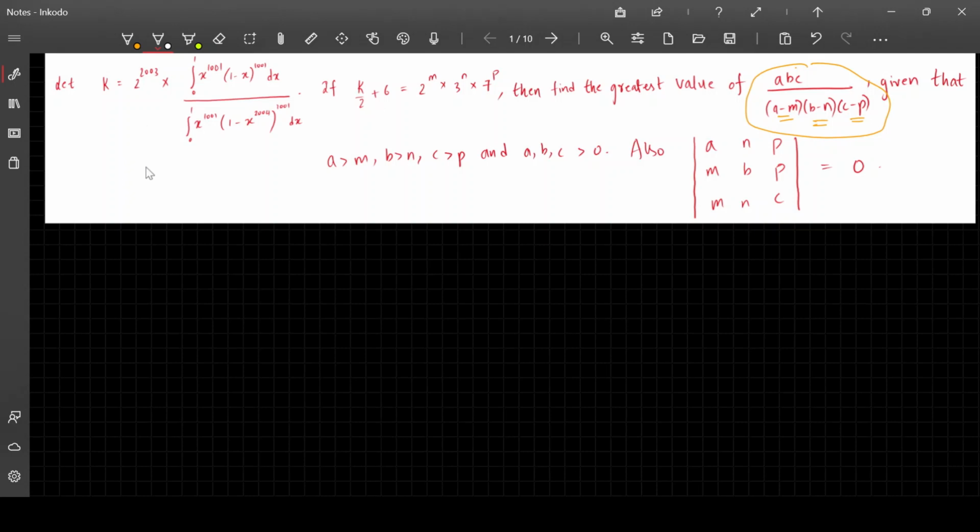So k is given to us as k is equal to 2 power 2003 into the integral from 0 to 1 of x power 1001 into (1 minus x power 1001) dx, whole divided by the integral from 0 to 1 of x power 1001 into (1 minus x power 2004) to the power 1001 dx. Fine, so this is the value that is given to us.